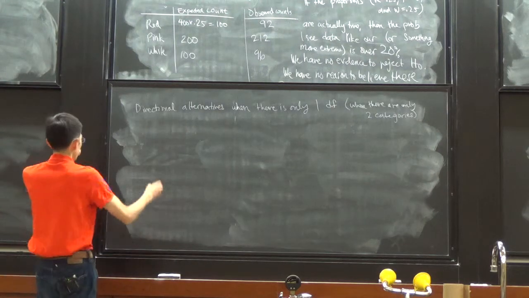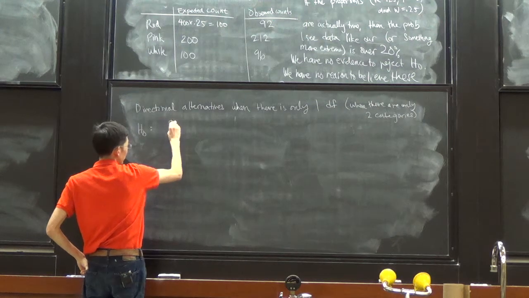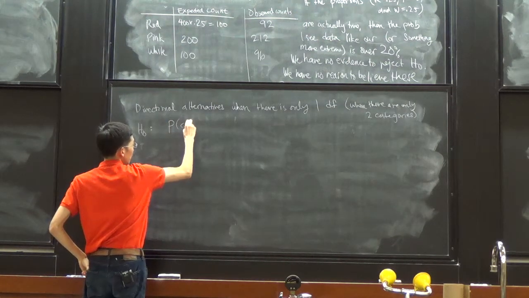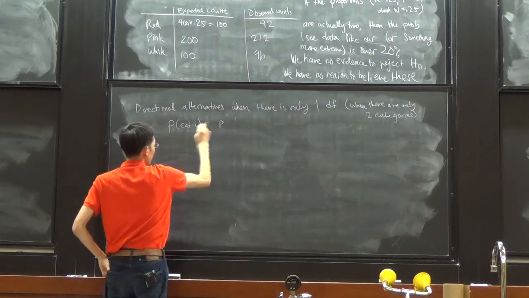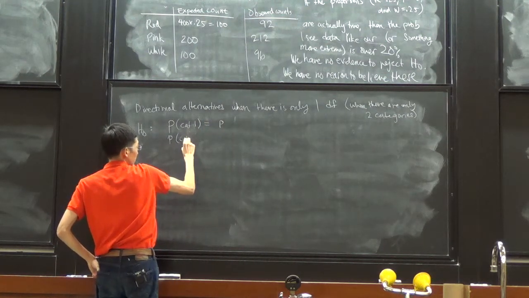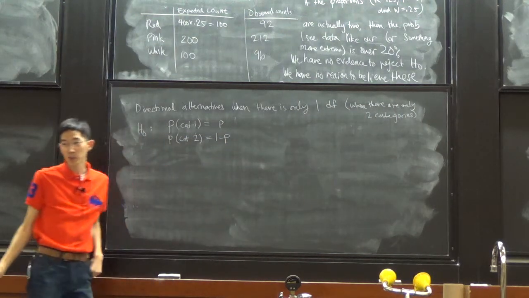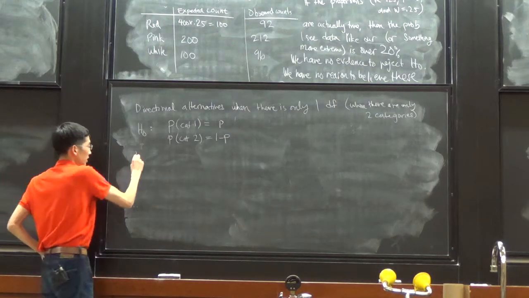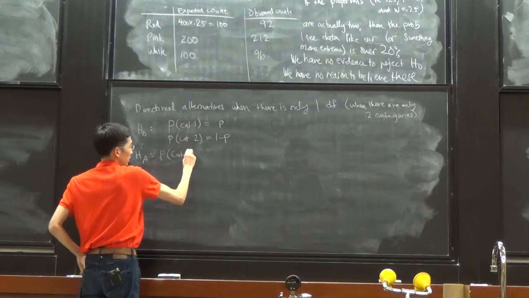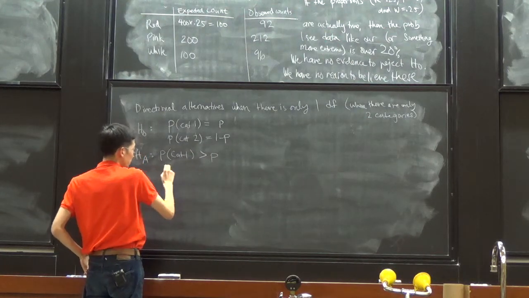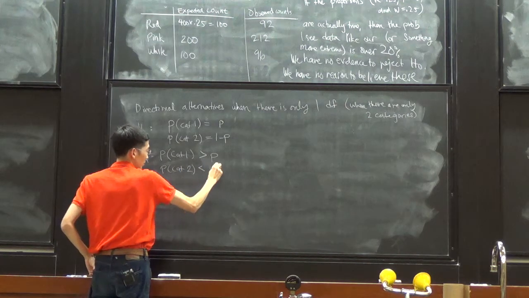So the null hypothesis could be that the probability of category 1 is equal to p, which requires that the probability of category 2 is equal to 1 minus p. And then the alternative could be that the probability of category 1 is greater than p, which forces the probability of category 2 to be less than 1 minus p.